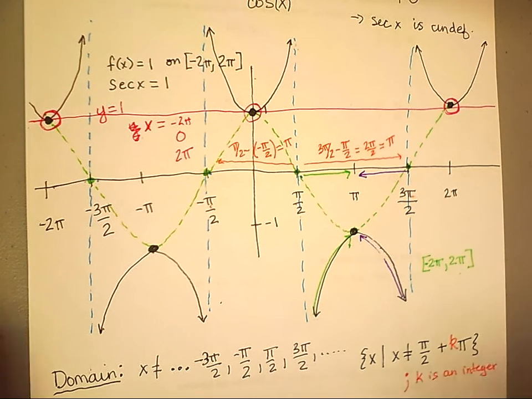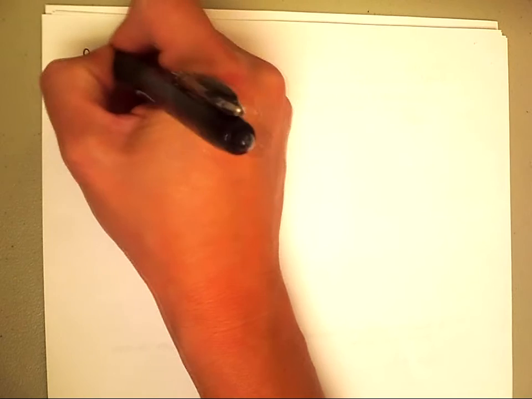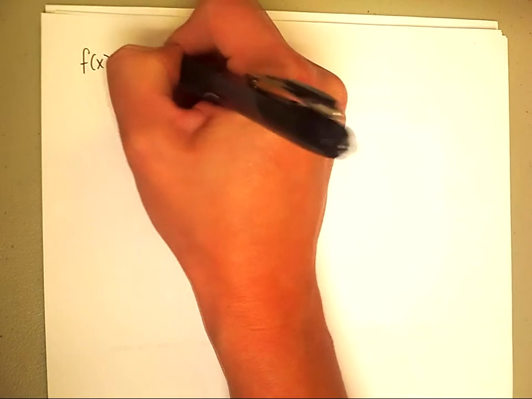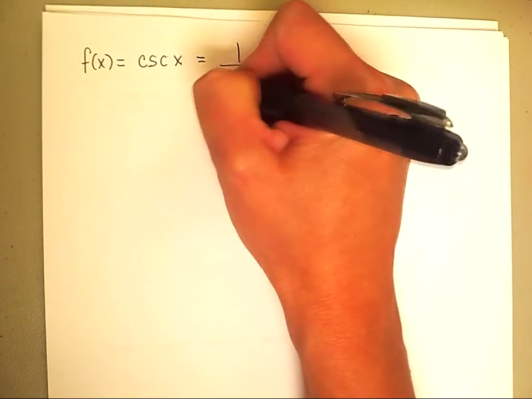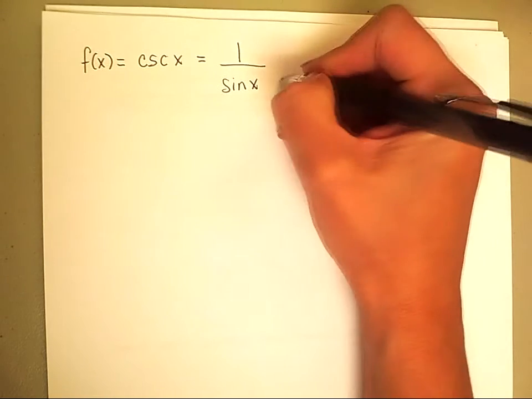Now, so that's secant, let's do cosecant. And remember that cosecant is 1 over the sine.